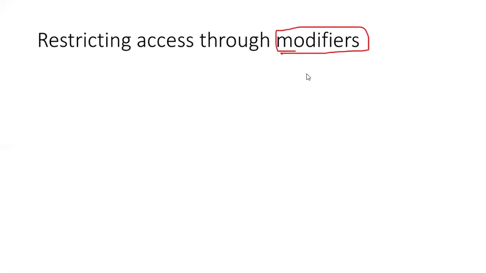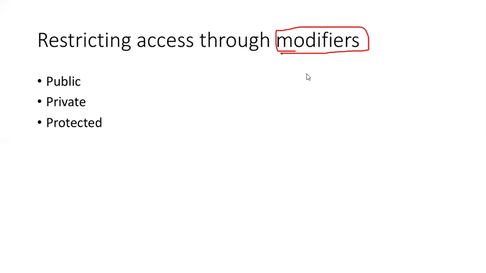Because they restrict access, they are also known as access modifiers. So what are these access modifiers? There are different types. The first is public, then we have private, then we have protected, and so these are the three basic modifiers.